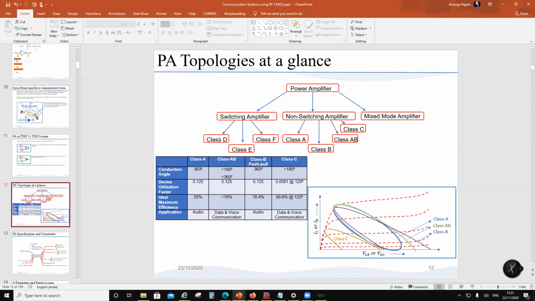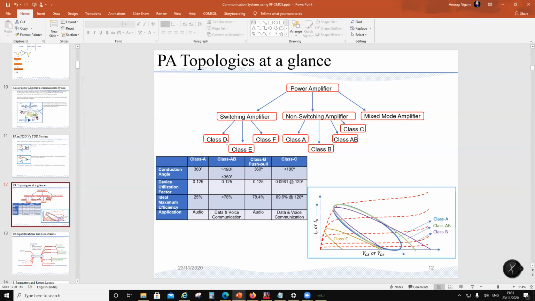Class D is basically a push-pull class F, so you can take 1.59 and double it, roughly 3.18. So class D, like a push-pull class F, gives a very high device utilization factor. So those are the various switching amplifiers.